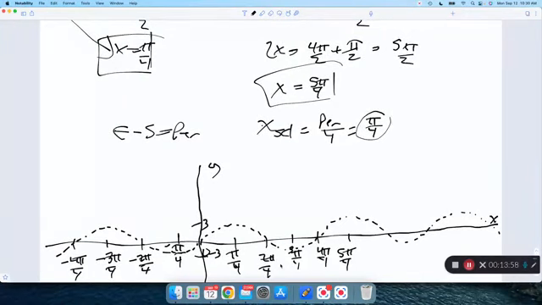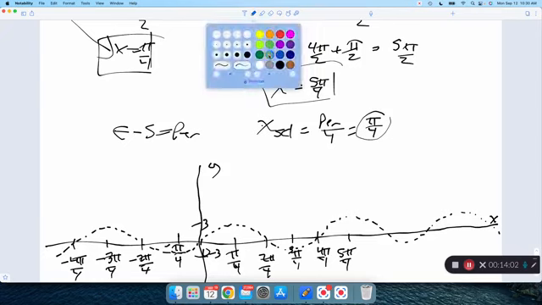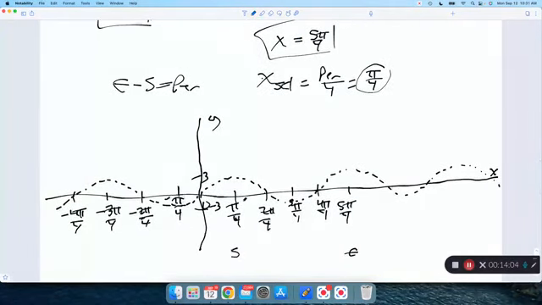Now we're going to flip this guy inside out. So I'm going to do this in a different color. I'll do it in blue again. At every one of the intercepts, at all of these places where across the x-axis, I draw in vertical asymptotes.